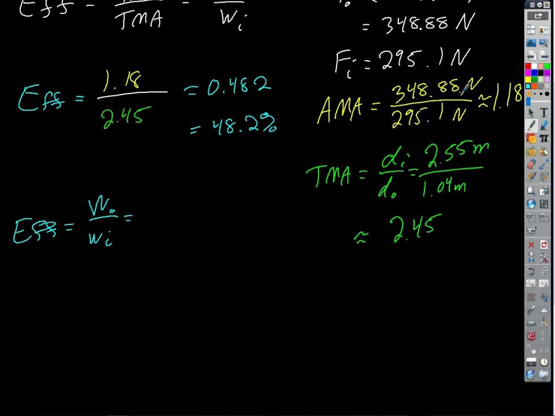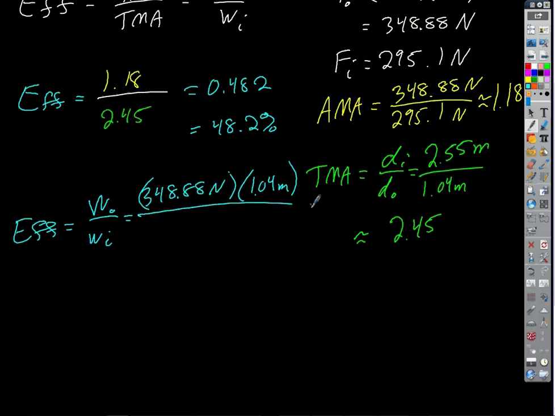Agreed? You never have to worry about the fact that it's on the incline. Well, no, you do, but the output work, absent the machine, we picked up a weight that weighed that much, right? Input work is what we actually applied on the machine. So output work is output force times output distance, which was 1.04, right?